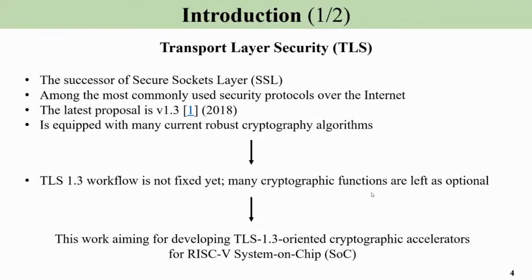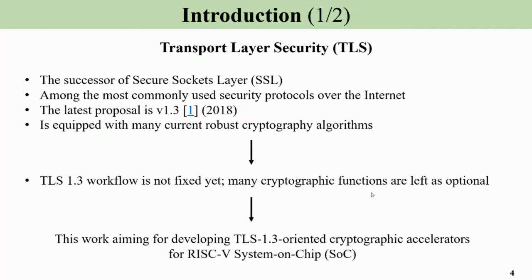So you know that TLS is the successor of SSL, and is maybe one of the most commonly used protocols on the internet. The latest proposal is version 1.3 in 2018. It is equipped with updates for new cryptography algorithms.